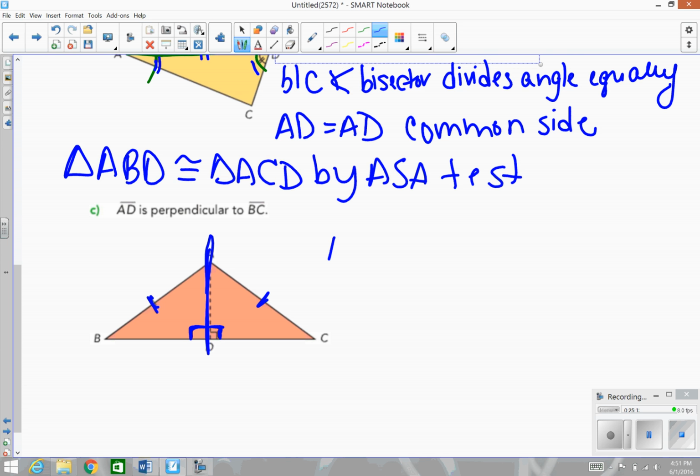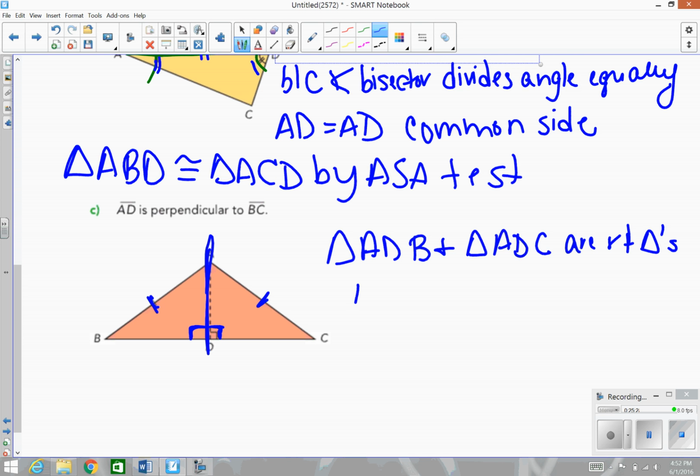So we have here that triangle ADB and triangle ADC are right triangles. We have that AB equals AC. That was pretty much given. And then AD equals AD.